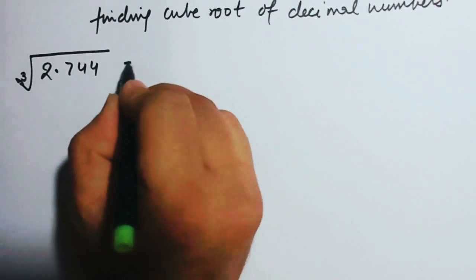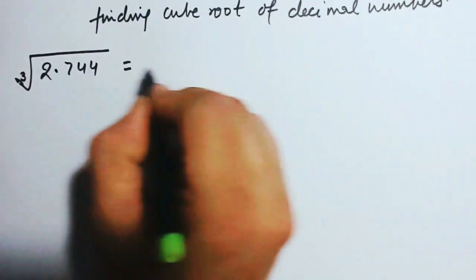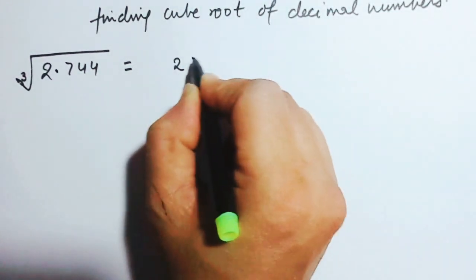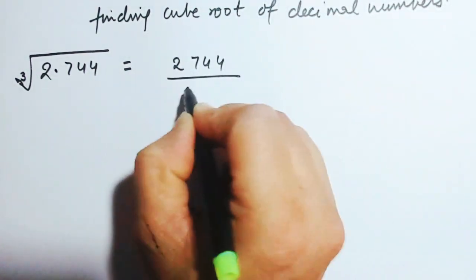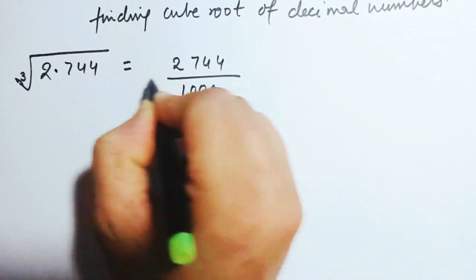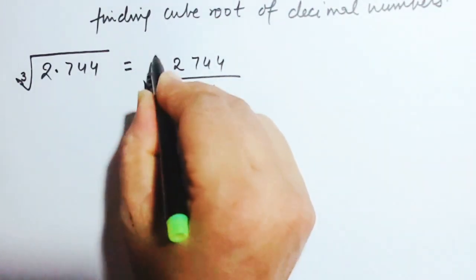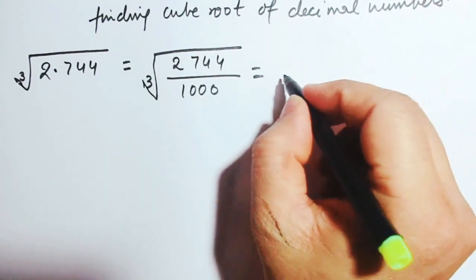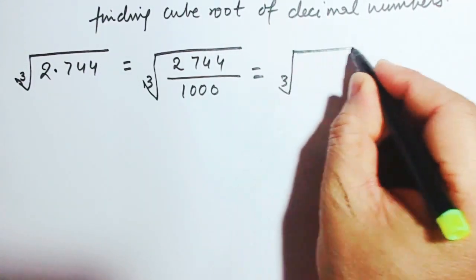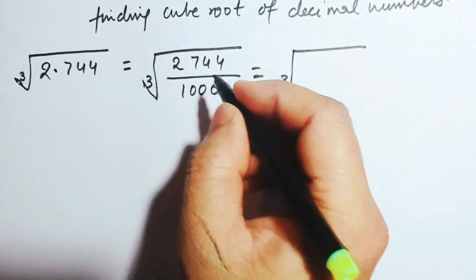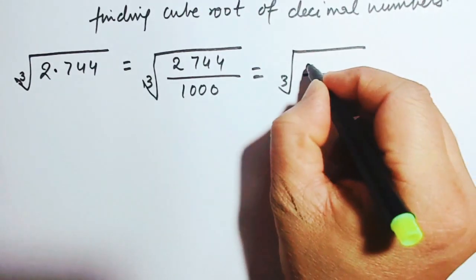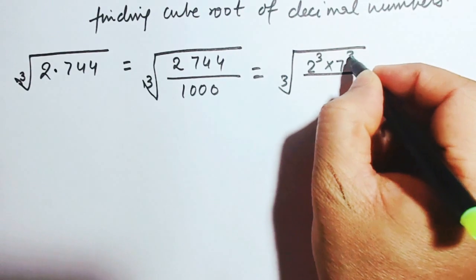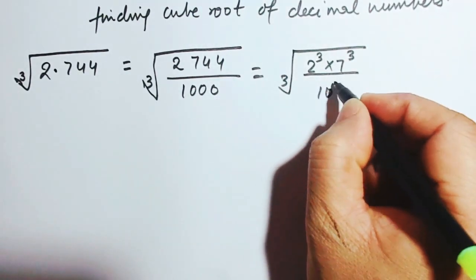Let us remove the decimal. On removing the decimal, we will have cube root of 2744 divided by 1000. When you factorize 2744, you will get 2 to the power 3 into 7 to the power 3, while this is 10 to the power 3.